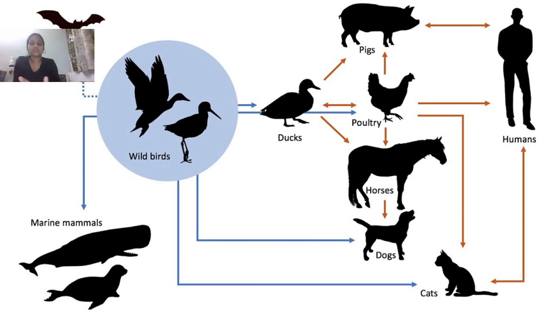It is transmitted through marine mammals, like here you can see some whale or seal. It can be transmitted from bats, wild birds, ducks, poultry, pigs, horses, dogs, cats. So you can understand it's kind of a zoonotic disease, getting transferred from animals to humans. So it is not only an infected person who will transmit. It can also get to a person via some infected animals.